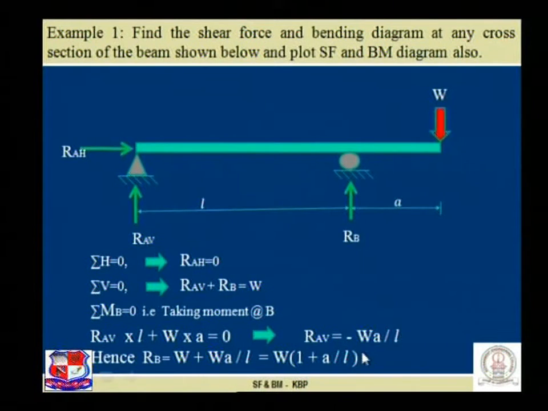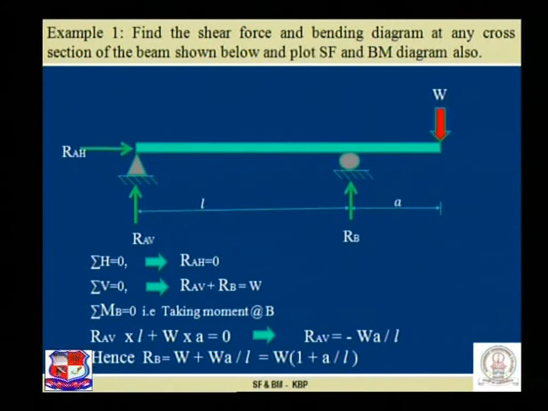Let us put the value of RAV in this equation, and we got RB as W plus WA by L, that is W times bracket 1 plus A by L. Positive sign means this direction is right.